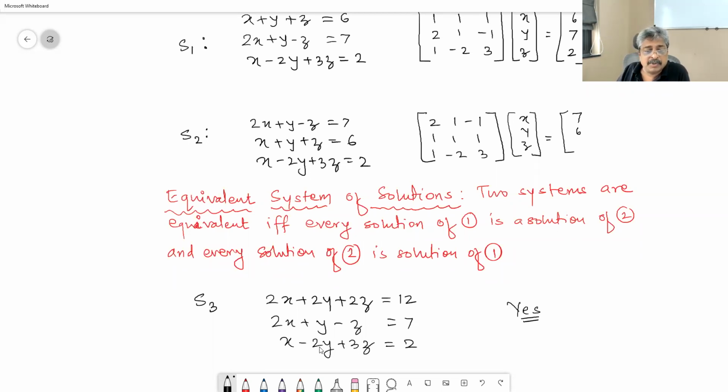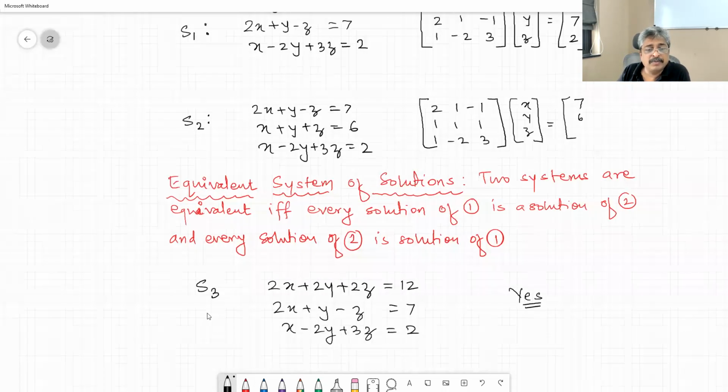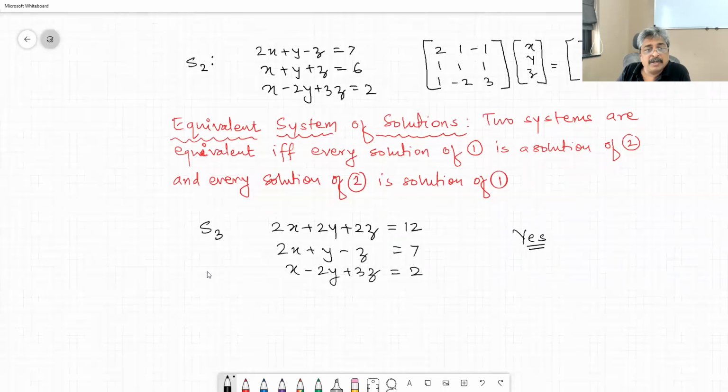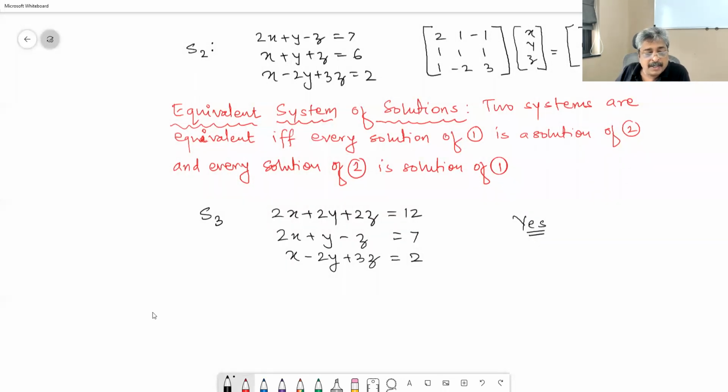They are different algebraic equations, different systems. But are they equivalent? Yes. S1 and S3 are equivalent because the solution set of S1 is a solution set of S3, and the solution set of S3 is also the solution set of S1. Now let me do one more modification and see whether it is also acceptable.